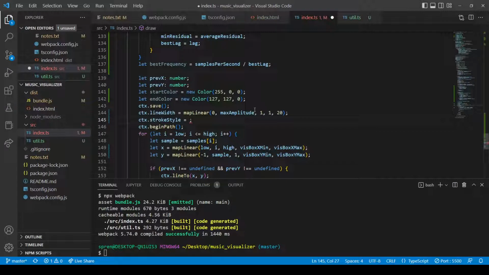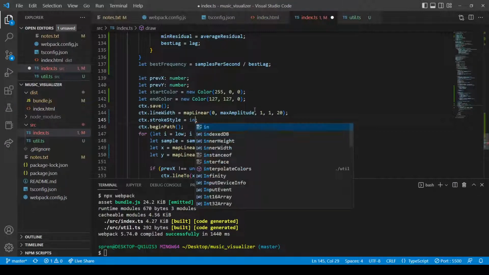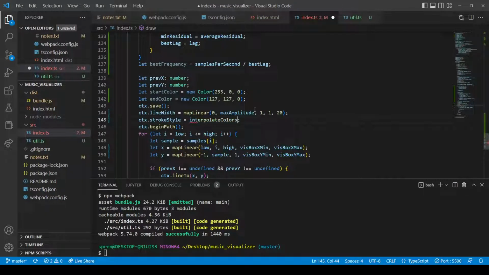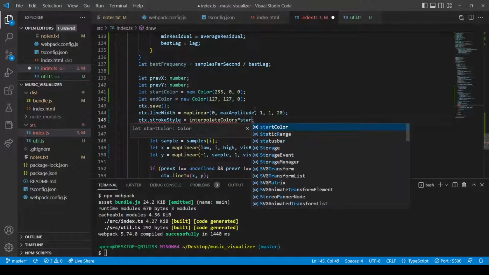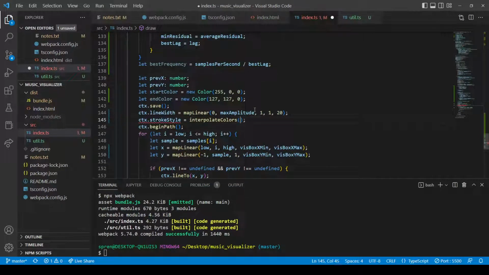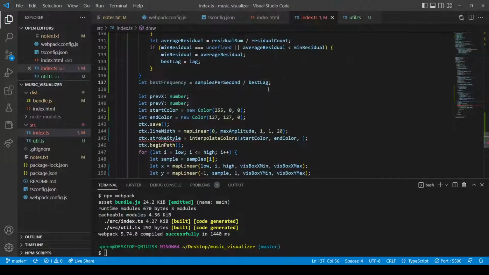So we do interpolate colors, start color, end color. And then the ratio, here's the real trick, right? We don't know what the min and max frequencies are going to be, do we? So we kind of have to guess.